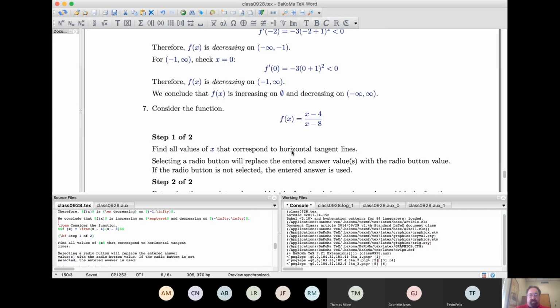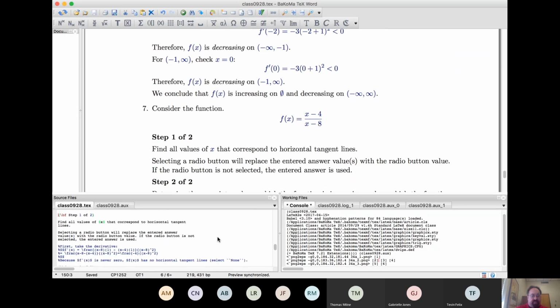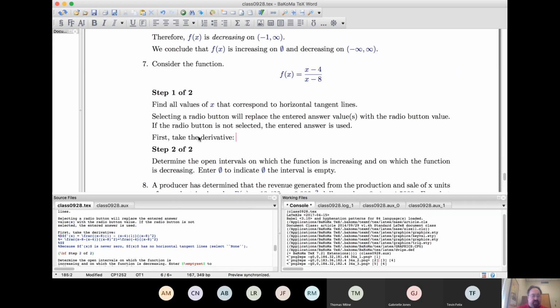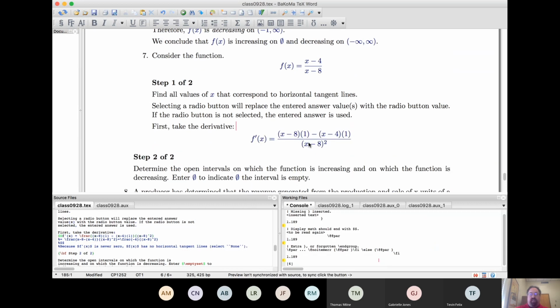Here we have a function of a different sort. We have a quotient. So it's asking for horizontal tangent lines again. So go ahead and take a derivative. And that is going to require the quotient rule. So bottom times derivative of the top minus top times derivative of bottom over the bottom squared.